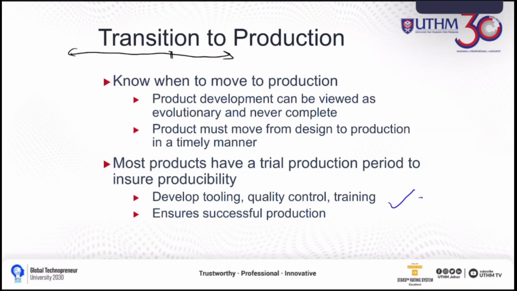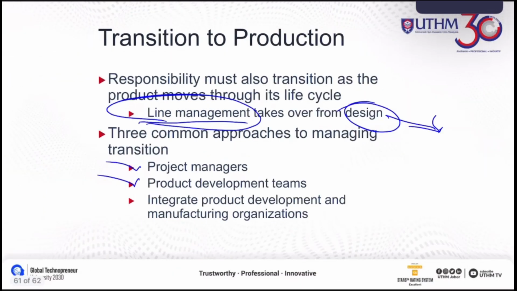Most products have a trial production period to ensure producibility. Before the final production, we will have a trial. During the trial process, there might be errors in production, so we need to develop tooling, have quality control, and train our employees to have the fewest errors or no errors at all, to ensure successful production.